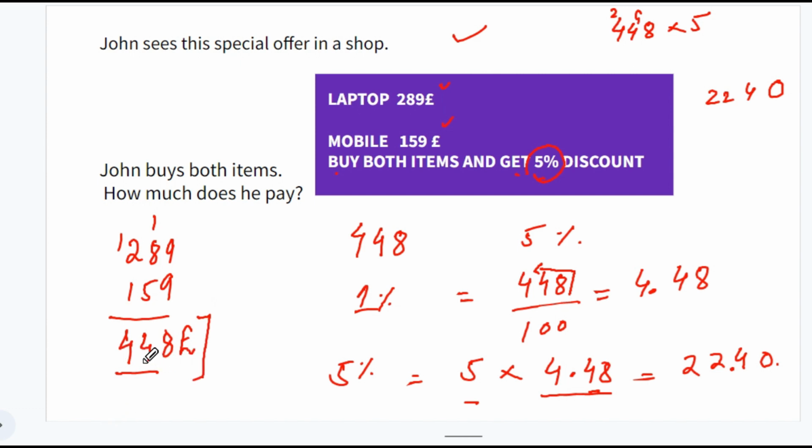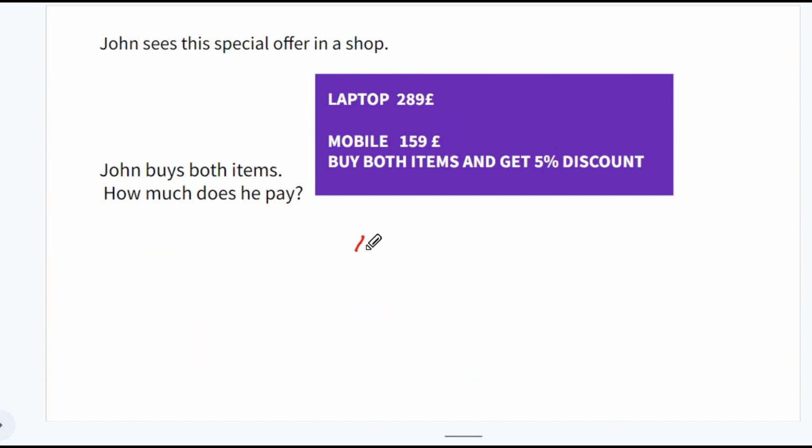So now this is the cost 448, and this is the discount. What we need to do now, we need to add this number or take away. When you have a discount, it means you are giving less money. So we need to take it away from 448. That means 448 take away 22.40, right?